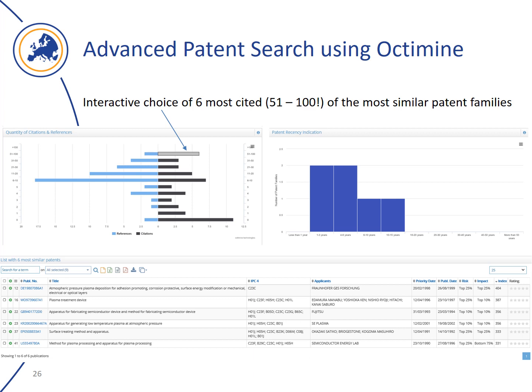They are indicated here below, and the most cited patent is from Fraunhofer Gesellschaft with this IPC C23C, atmospheric pressure plasma deposition for adhesion promoting, corrosion protective, surface energy modification, or mechanical, electrical, or optical layers.